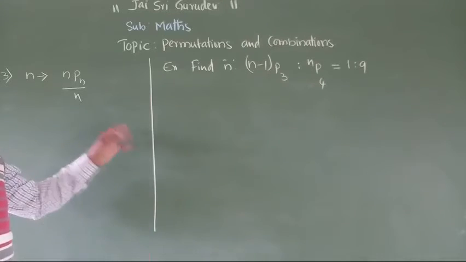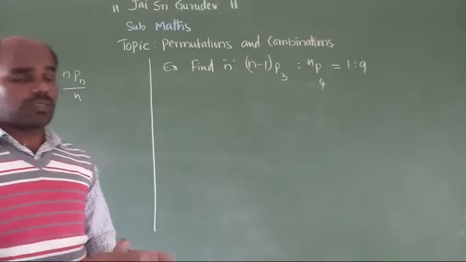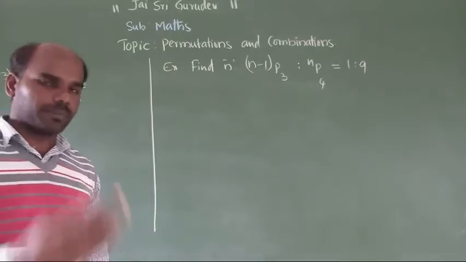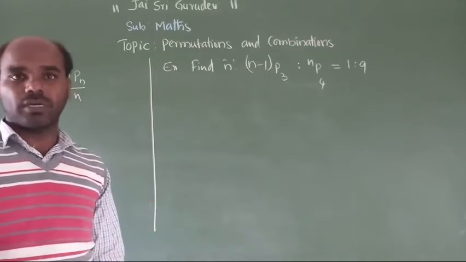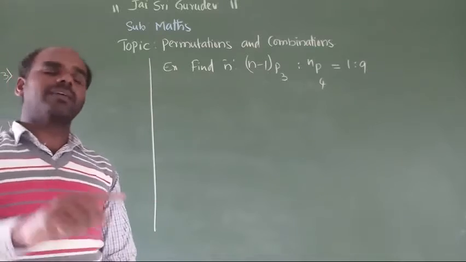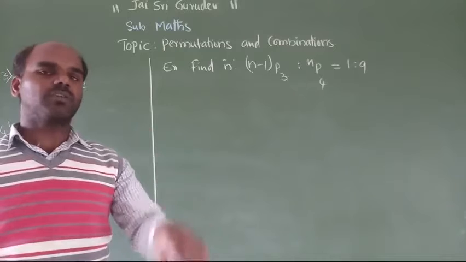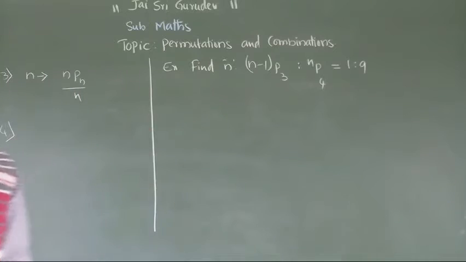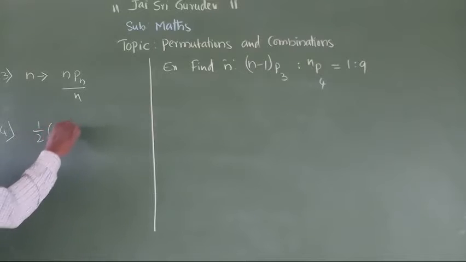So this is one formula, and the next one is the fourth one. For example, if we have to arrange flower beds or necklace arrangements in a circular way, where there are n beads, then the number of possible arrangements is 1 by 2 of n minus 1 factorial.